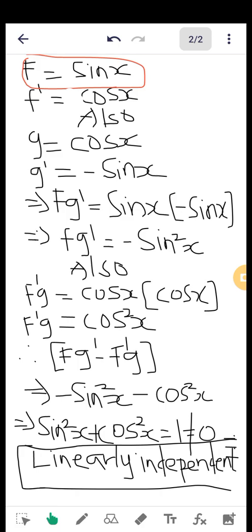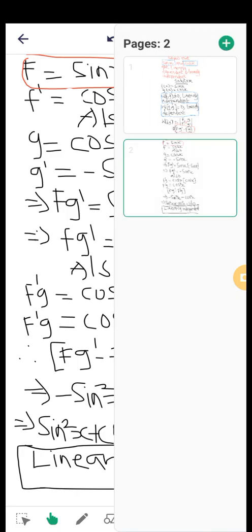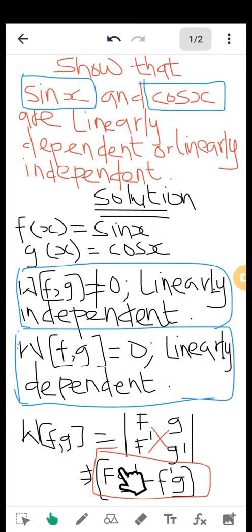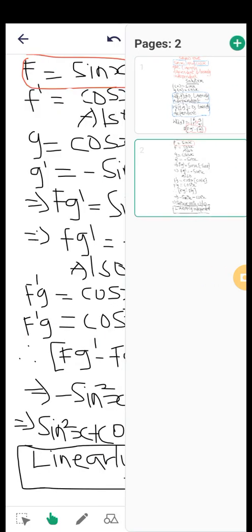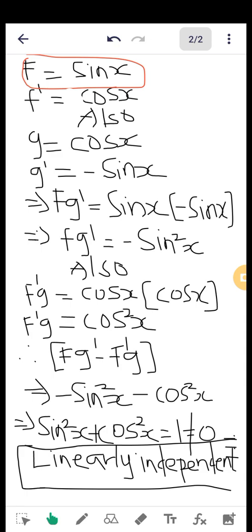Then we multiply the leading diagonal, your f times your g prime. So my f, which is sine x, times my g prime, the first derivative, which is minus sine x. When you multiply, you get minus sine square x.